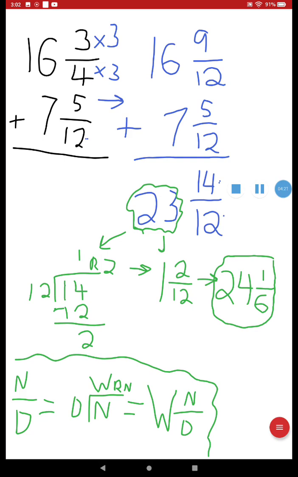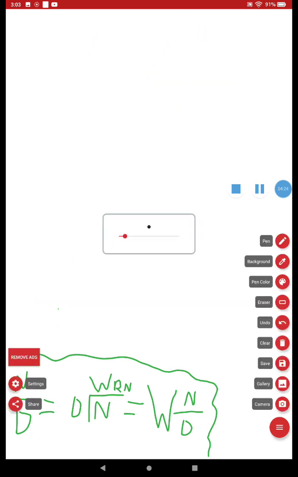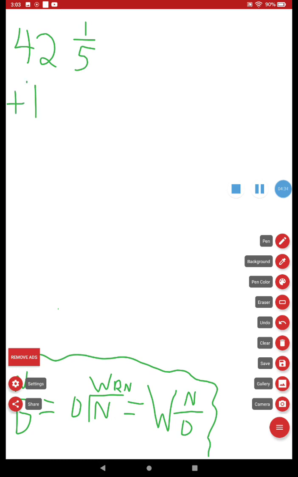Let's look at that with one more example. All right, let's look at 42 and 1/5 plus 42 and 8/9. All right, now don't let the 42s confuse you.